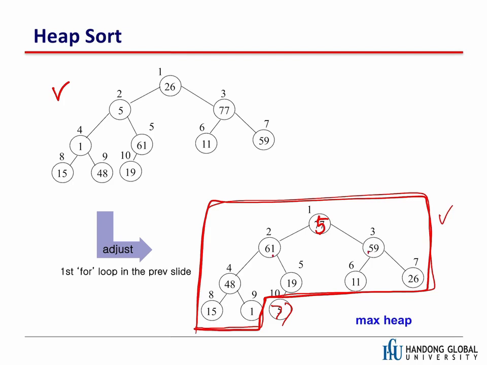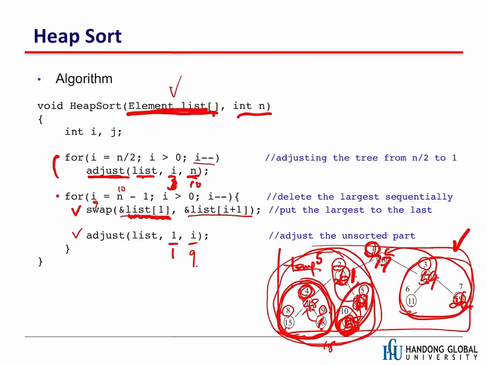Then we compare this one to its children, and 61 is larger than 5, so 61 is here. And then 48 is larger than 5, 48 is here, and 5 is smaller than 15, 15 is here, and 5 is here. So by calling the adjust function, now this one is a max heap again.